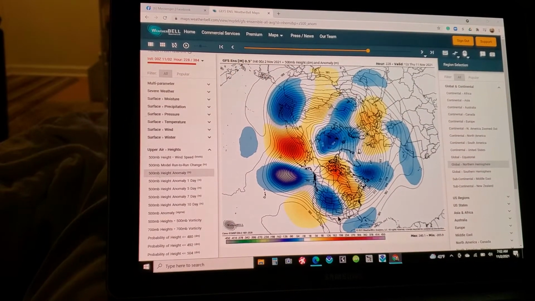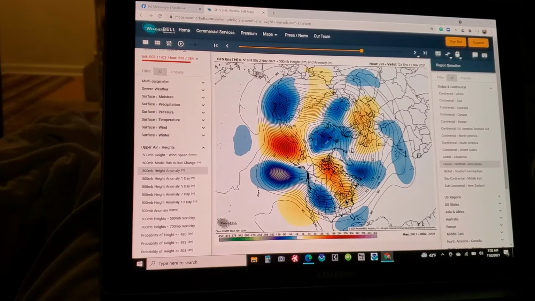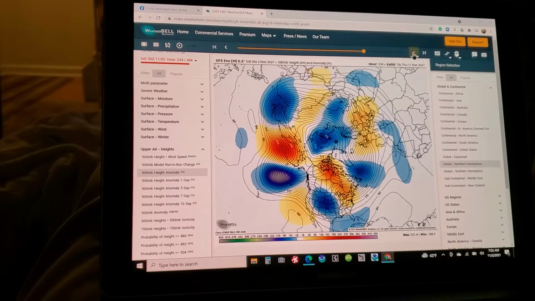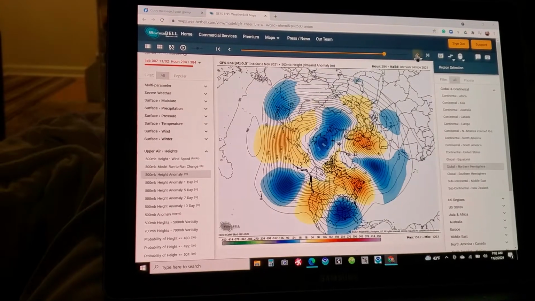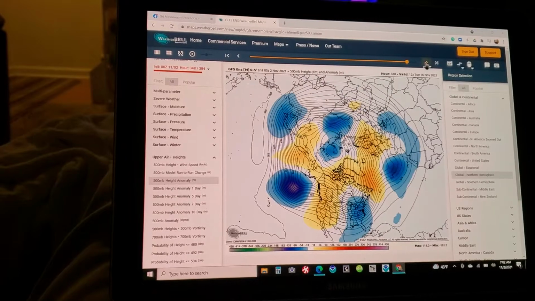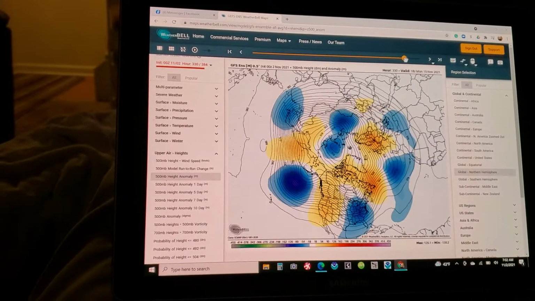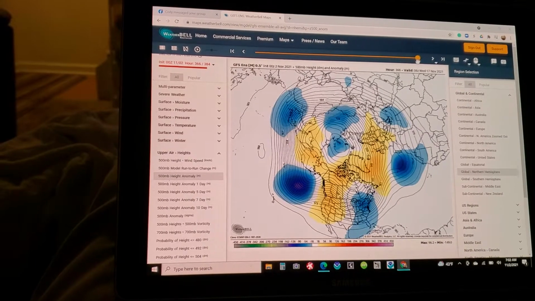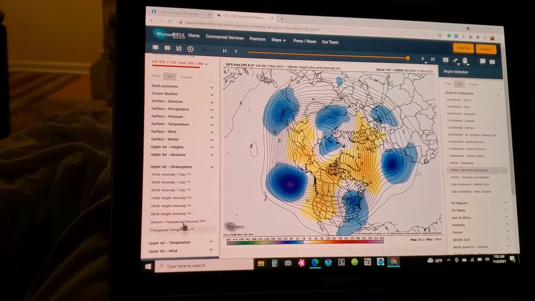So we got that piece coming in, ridge pushing through, not much of a ridge. Big trough dropping in. Watch that block get pushed back up there. And we're right there. Go back and look at the strat one more time.